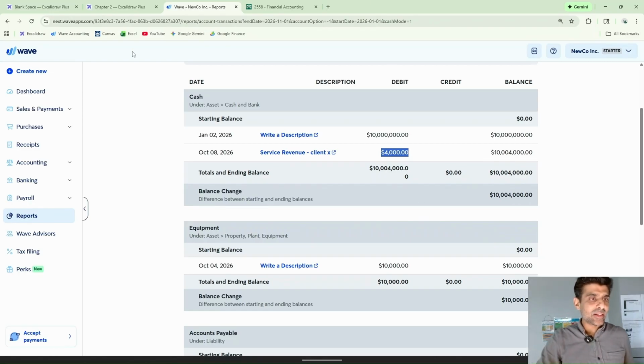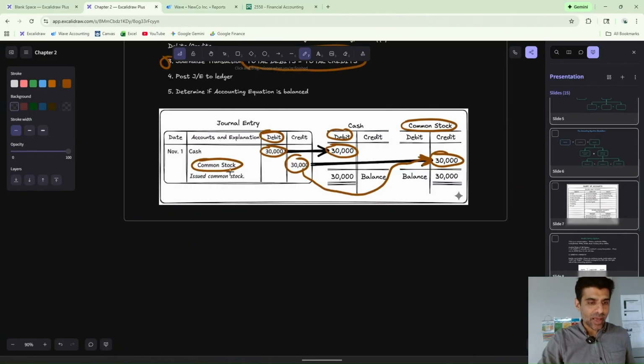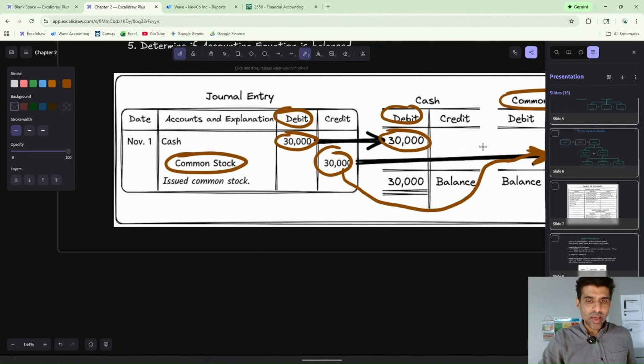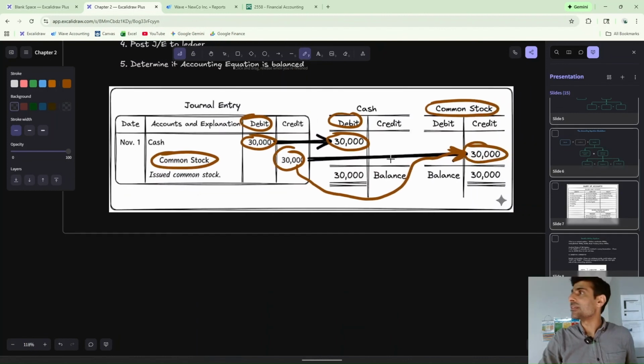We talked about this idea of posting where we have the journal entry and then it goes and it updates the balances, right? It kind of puts the debit or credit in the right spot in the account. So this software is automatically posting it, okay? That's why you won't actually have to ever deal with T accounts. The software is managing the T account for you. But you need to understand the link between the journal entry and how that account balance gets updated, okay?